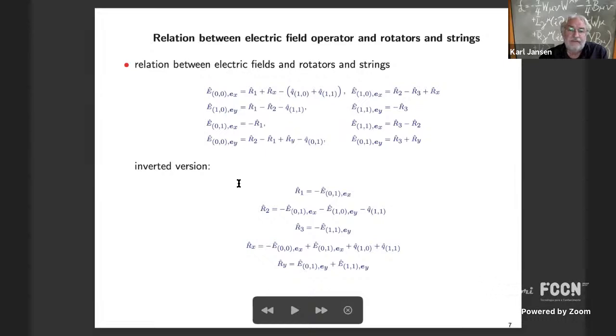And here's the inverted version, where I've written down how the rotators and strings are expressed in terms of the original electric field operators. Just for you to have a dictionary and to show that this is really one and the same formulation of the problem, just expressed in different degrees of freedom.